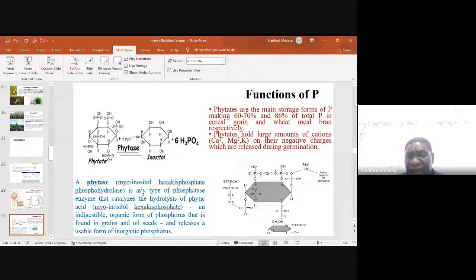Probably this can happen during germination, because normally the phytates are stored in the seed. So during the germination process, phosphorus could be released together with calcium, magnesium, and potassium for growth. So phosphorus will be required during the germination process.